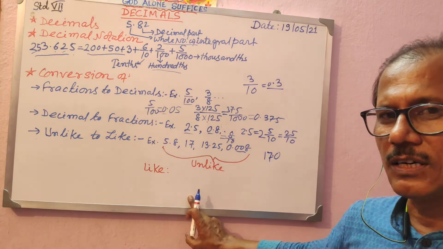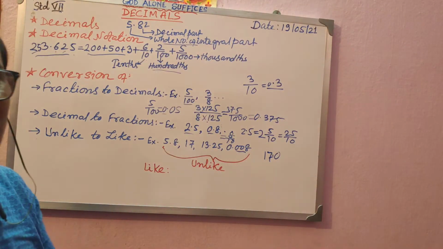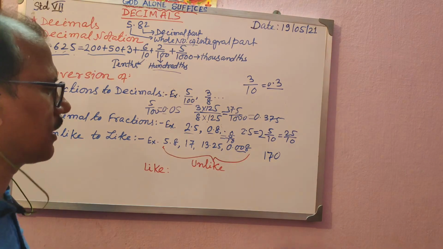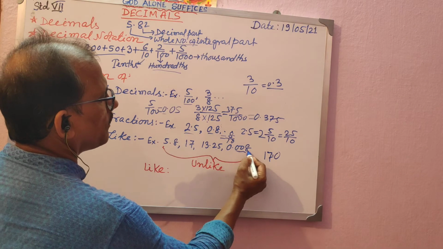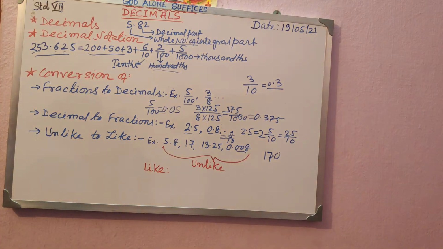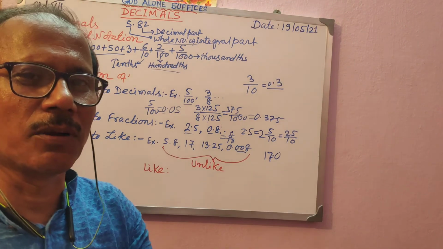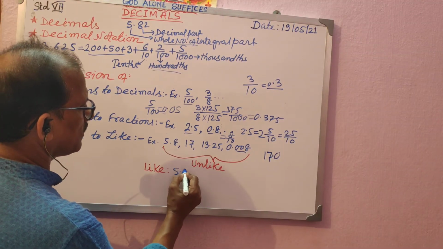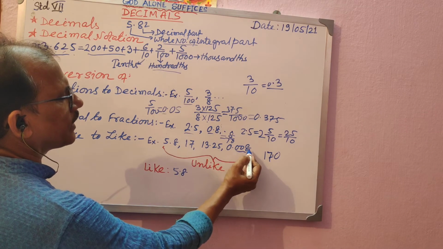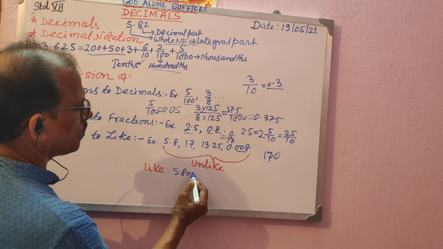On converting to like decimals, what you need to do is see which decimal number has the highest number of decimal digits. Here the highest is 3 digits in the decimal place. So what will you do? I said you can add any number of 0s to the right hand side of the decimal. So here it was 5.8. You have to make 3 digits in the decimal part. So 1 digit is already there, 2 more 0s you can add.